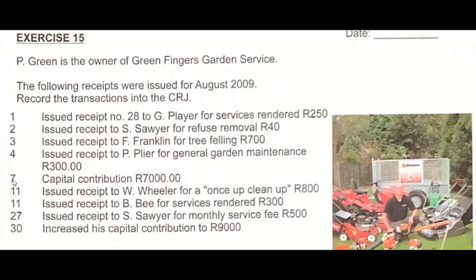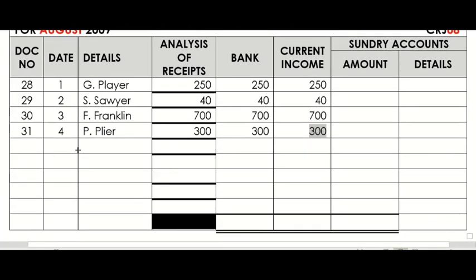The next transaction took place on the 7th. It was a capital contribution of 7,000 Rand. A capital contribution will come from our owner, who is P. Green, and they didn't say we issued a receipt, but we assume that we did. Okay, so you will say receipt number 32. On the 7th, our owner's name, P. Green, 7,000 Rand.